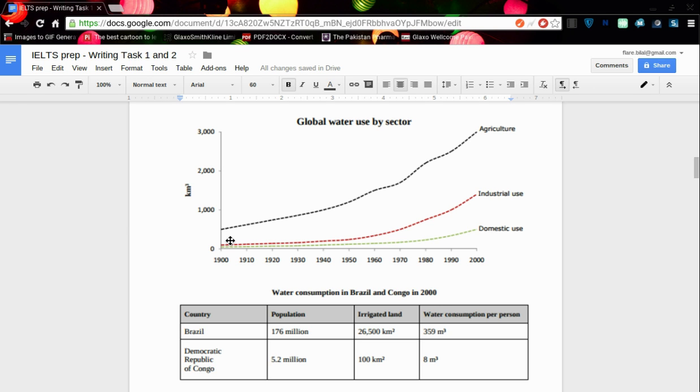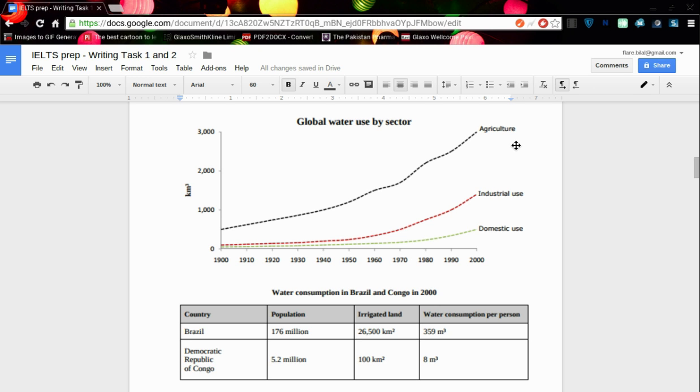So we can say in 1900 the agricultural use of water was 500, and then it extended up to 3,000. That's like 4 times or maybe more. It's like a 5 times increase, like 500%.